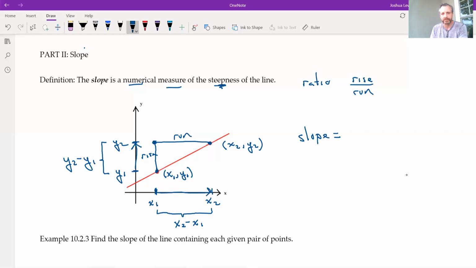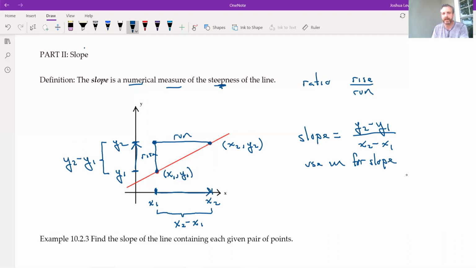And so slope is going to be given by the formula y2 minus y1 over x2 minus x1. And this is essentially a change in y over a change in x, or rise over run. Now, we're going to use m for slope.